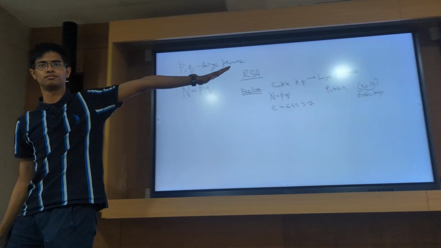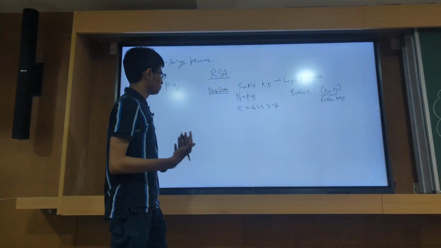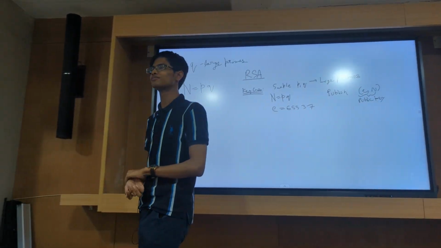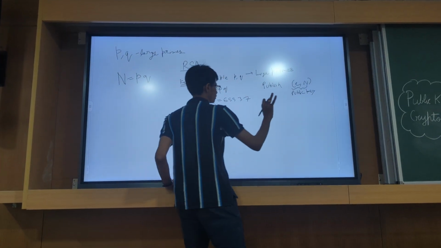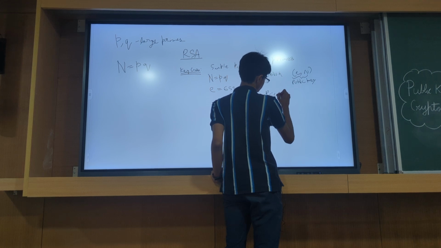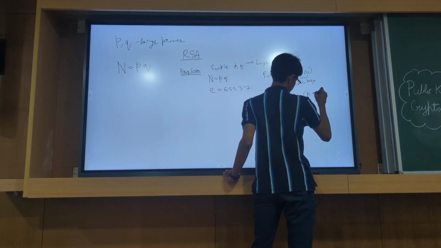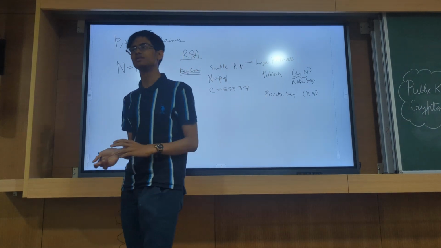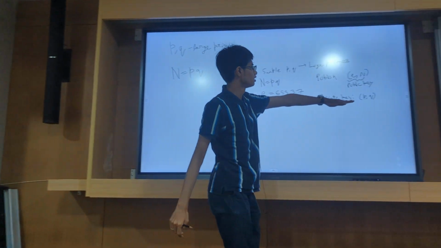This is the public key for Bob, just e comma n. Now he does some other magic too, but I'll come to that later. And the private key is p comma q. In practice he actually stores something else for efficiency purposes, but for our purpose, it's p comma q.